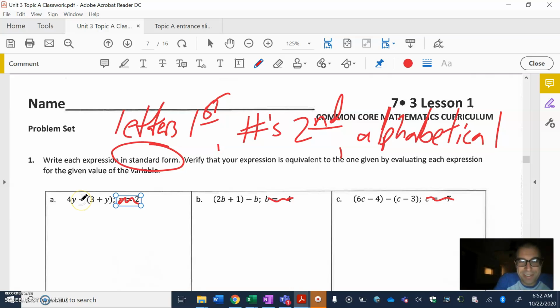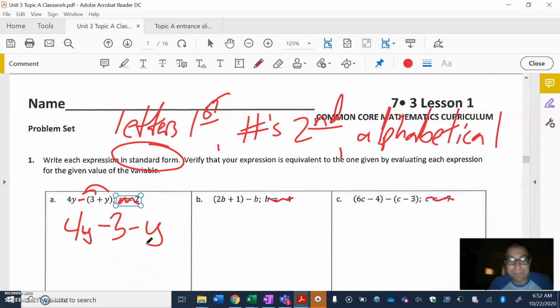So let's point out a few things. Subtraction sign up against the parentheses. So yes, we are going to have to distribute that negative. Keep that in mind. So 4y, and then it'll be -3. And then yes, minus y. We'll finish this one off here because we want to remind you of something. How many y's are there?